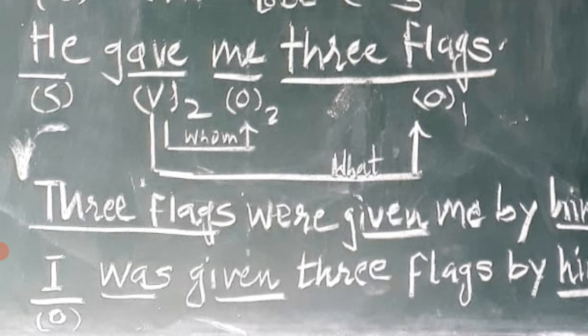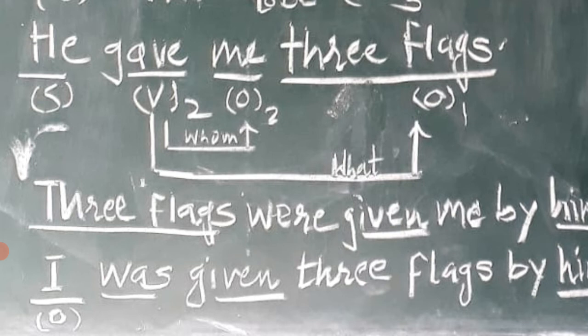The answer to this question is 3 flags, whereas the second question is whom, gave whom, and the answer is me. So whatever word or part you get by asking the question what is called the direct object, and the answer you get by asking the question whom is called the indirect object.